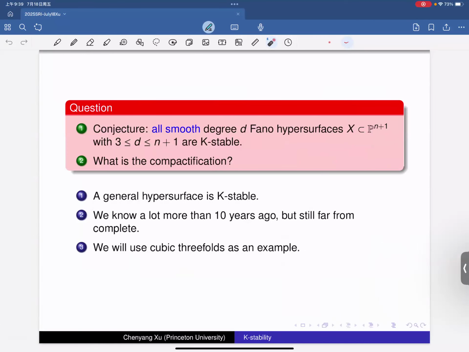But the big leading conjecture in this field, again, this is something I hope 10 years later people can talk about, is that all smooth degree d Fano hypersurfaces are K-stable, at least when d is larger than 3. 1, 2 are just trivial. To be honest, there is not much philosophical reason to believe this is true.